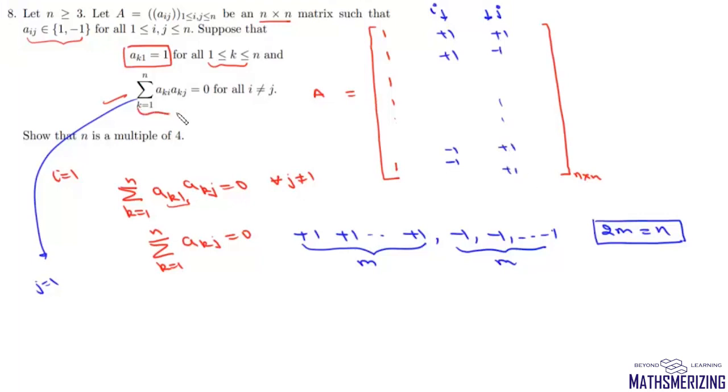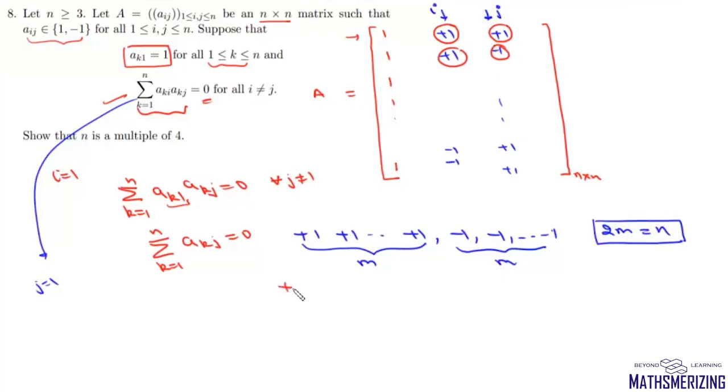Now, if we look at this aki into akj, it simply means for any given row, we are multiplying the element in the ith column with the element in the jth column, and we keep multiplying them, and we add all such multiplied terms, then the sum will be 0. Now, when we multiply these two expressions in any given row, we'll have four kinds of products.